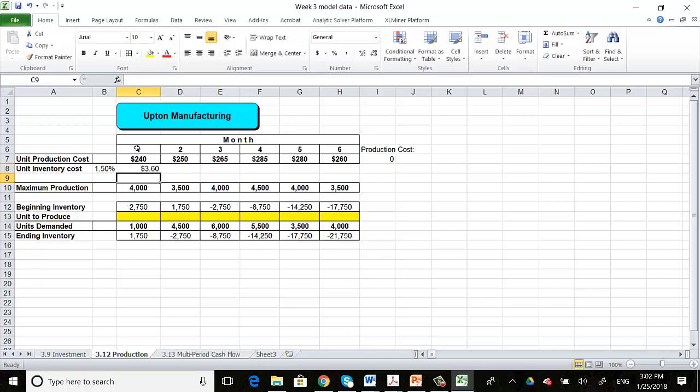Then we're going to drag this to calculate the inventory cost. Okay, so that's the production cost. Now we'll calculate the inventory cost.